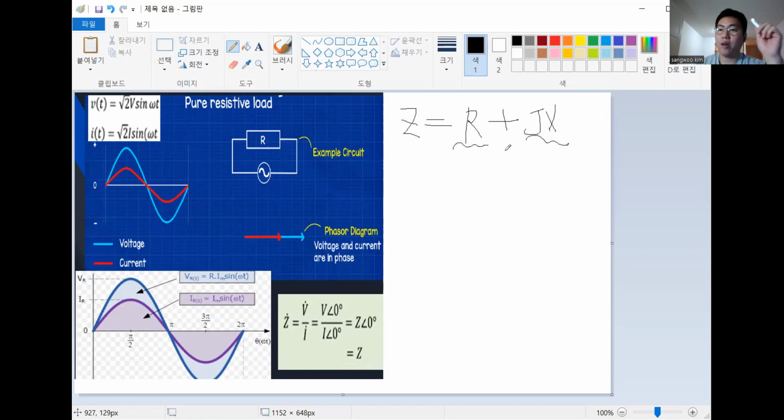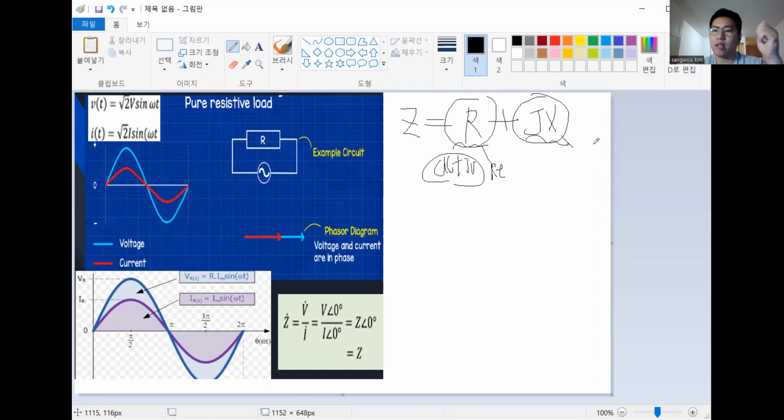Whatever happened, the money is actually gone. So we say this is active power, the actual loss or actual use. This part is the real part. And this part is reactive: I gave you money, but you didn't use it.